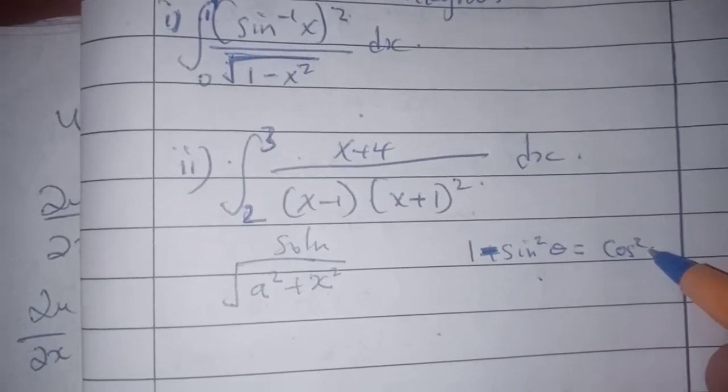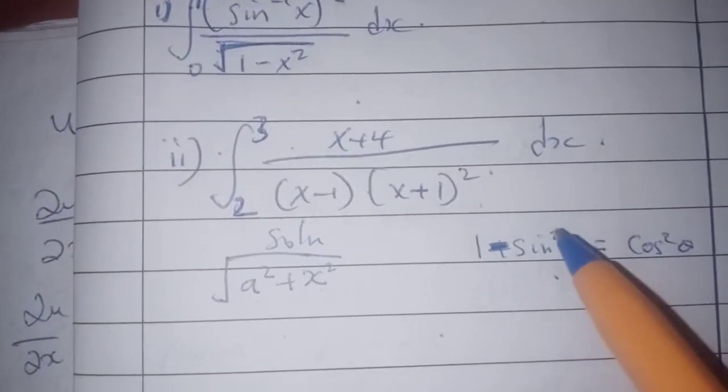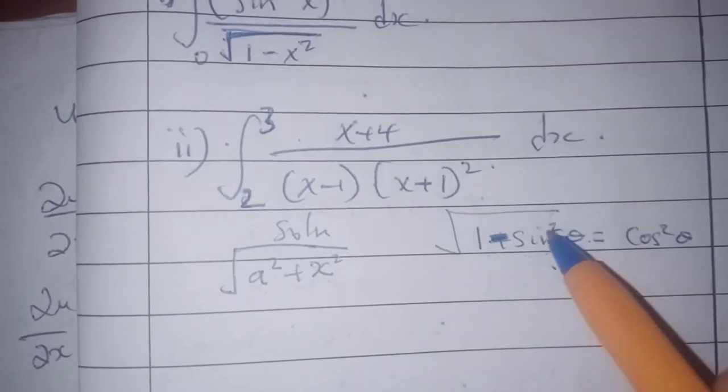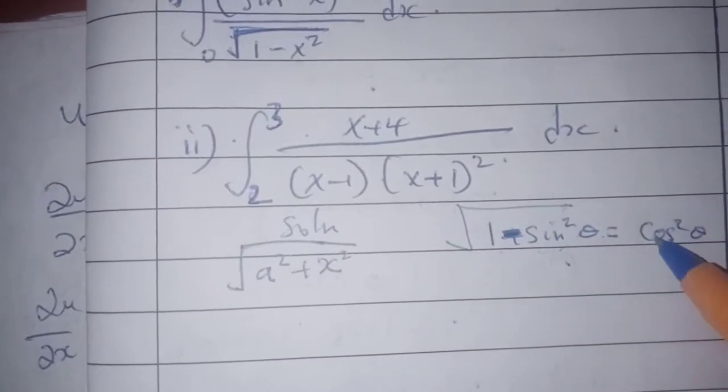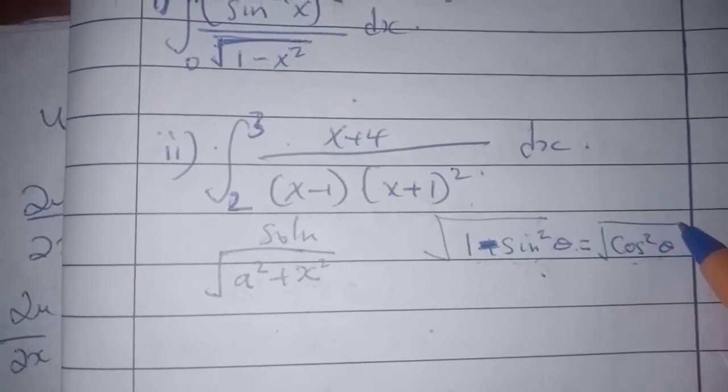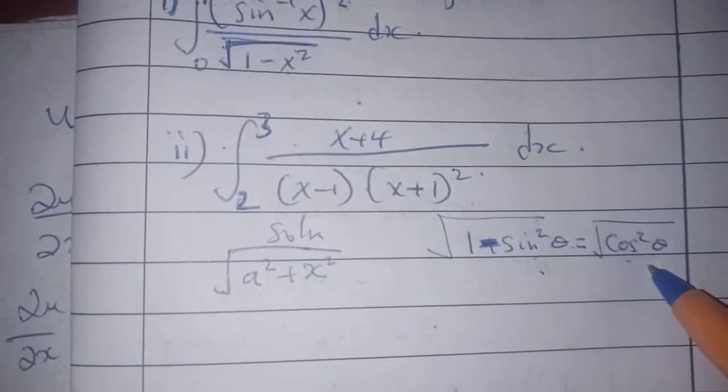It is difficult to get the square root of 1 minus sine squared theta, but if you convert it to cos squared theta, it becomes easy to find the square root of cos squared theta as indicated here.